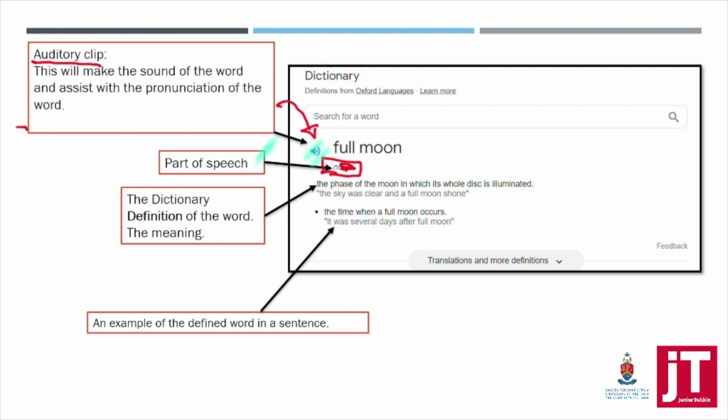Okay, then the last thing, I'm looking over here now, an example of the defined word in a sentence. Okay, if they say give us an example of this word in a sentence and they provide one, well, it depends what they ask.